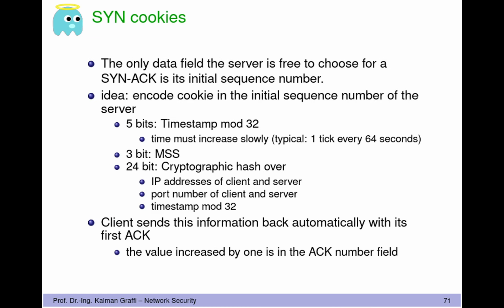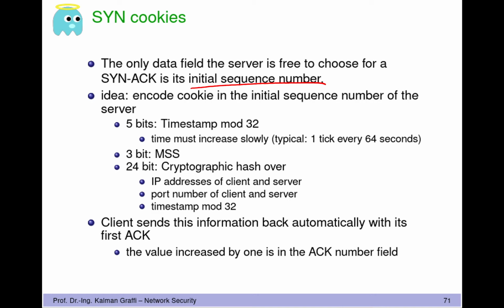Basically what we do is we identify where we can put this information in. And basically the only thing that we can modify is the sequence number that we use in TCP. This is our free choice. This is typically either randomly taken, so there's still some room to use that. And these are 32 bits that we can use.